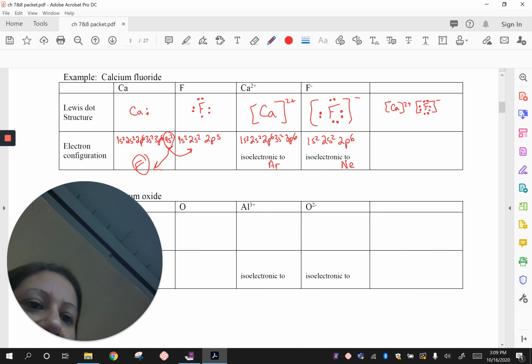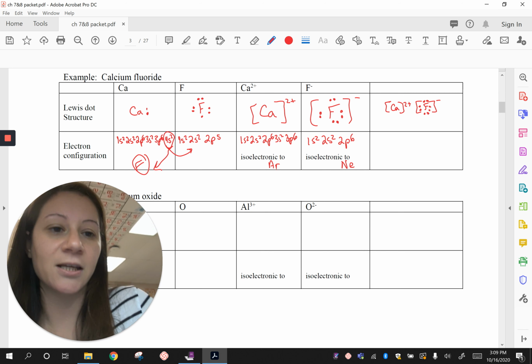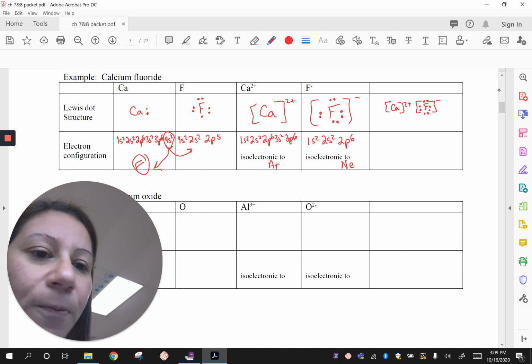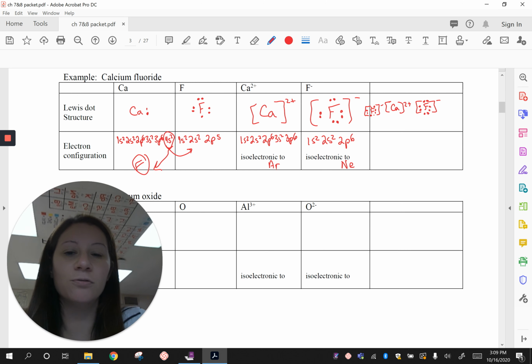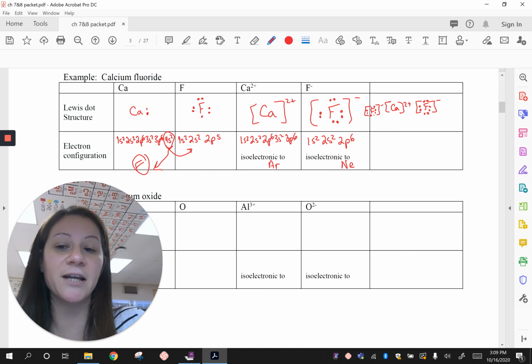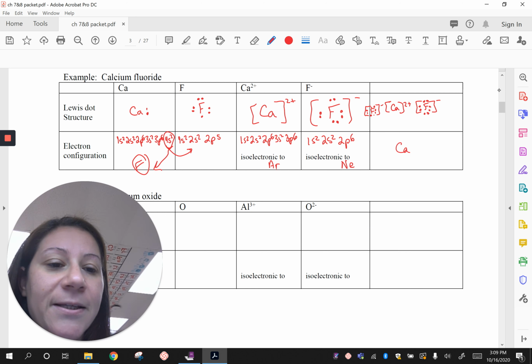That adds up to +1. It needs to be neutral for the compound to exist. So what happens is another fluorine reacts. And so I'm going to write another fluoride here. And now we have 2 negatives, 2 positives. That is neutral, so that can exist. So the chemical formula is CaF2.